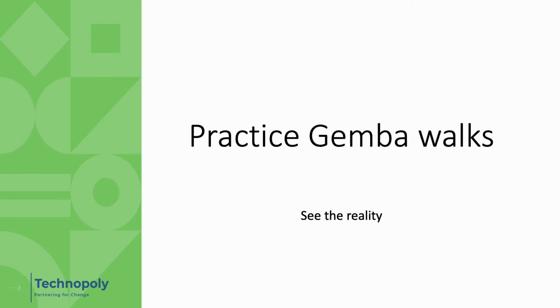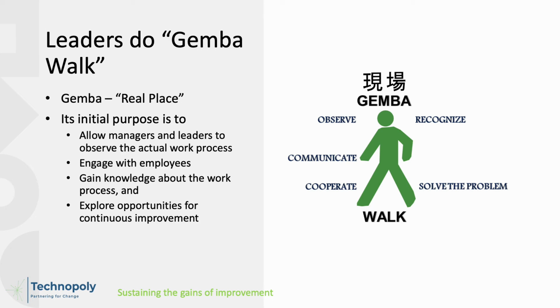In relation to our daily accountability meetings, it's important for leaders to be able to practice regular Gemba walks. Gemba walk really refers to being there in the real place. It's about seeing the reality. Gemba is a Japanese term where the goal is to observe, recognize, communicate, solve the problem, and cooperate in order to make sure that what is happening, everybody sees.